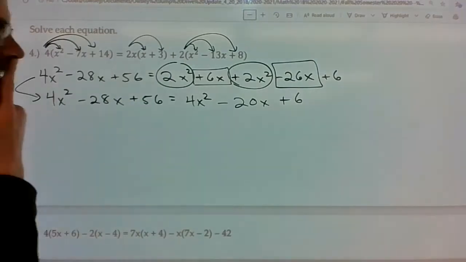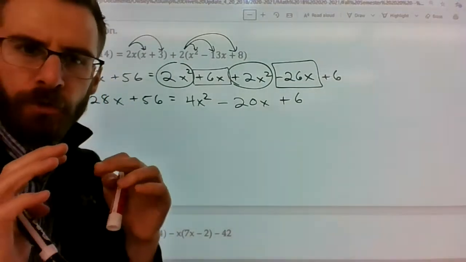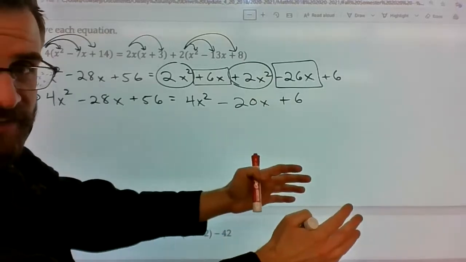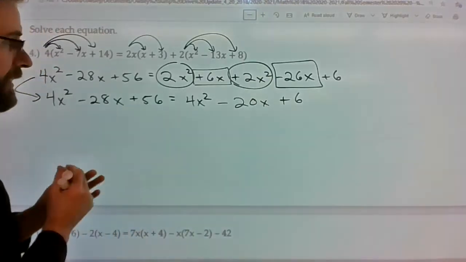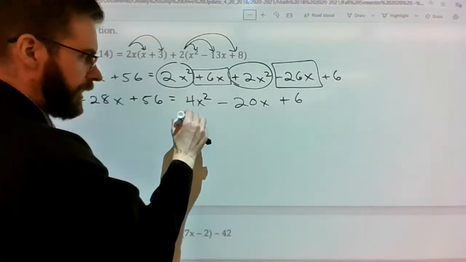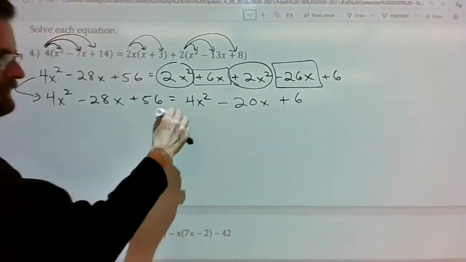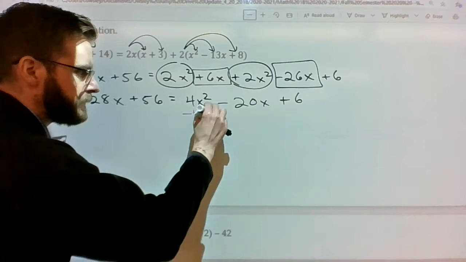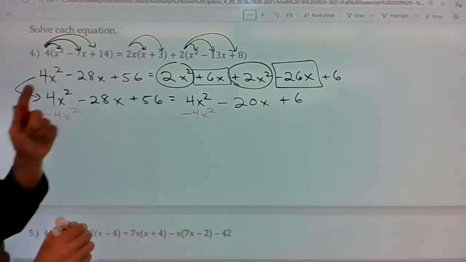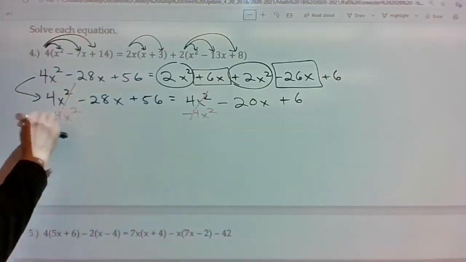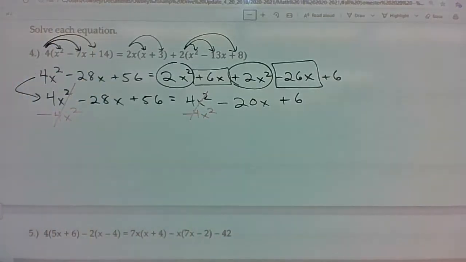All right, so here's the idea. If I can move like terms from the right-hand side to the left-hand side, let's do it, okay? So the 4x squared, to move it to the other side, I'm going to subtract it. And luckily, it completely cancels them out.